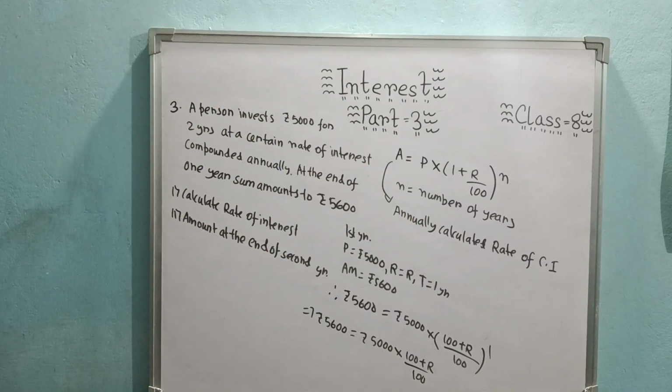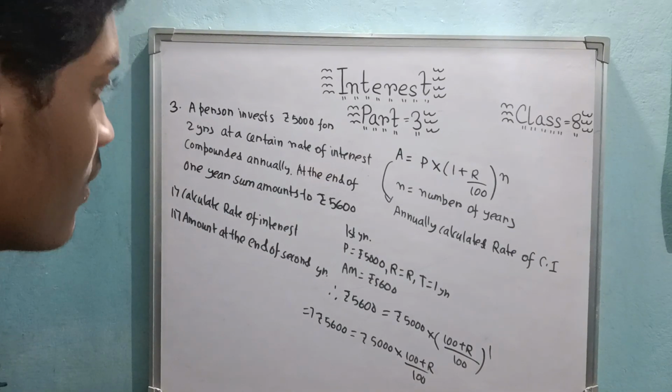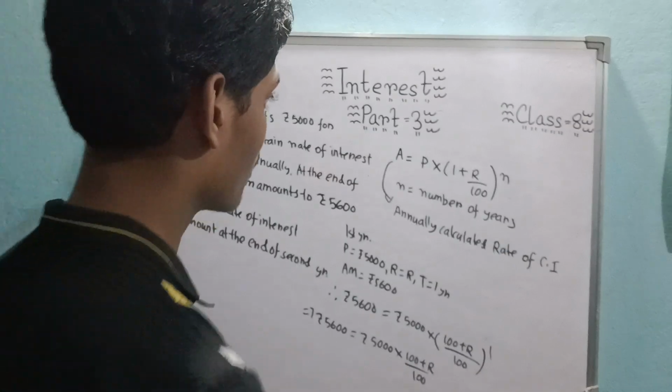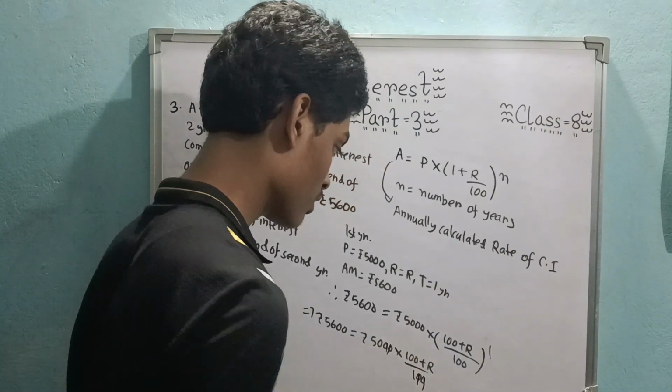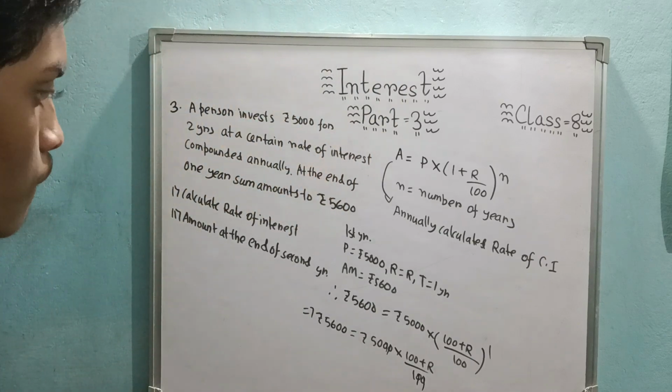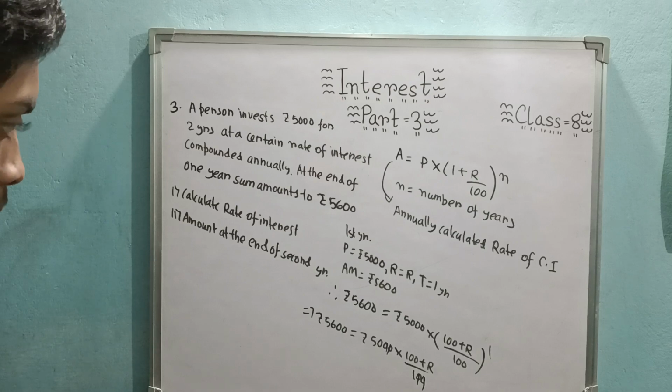Wait, am I doing this correctly? 100 plus r by 100. Then get the zeros out of the way. We have 50 into this one.